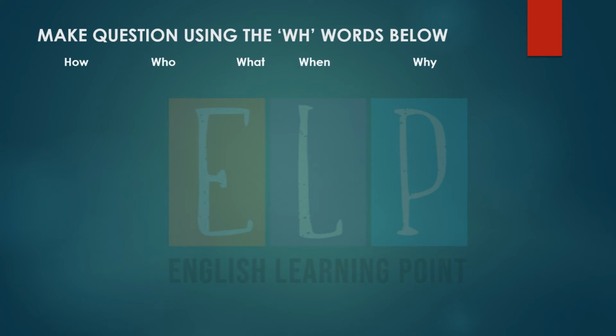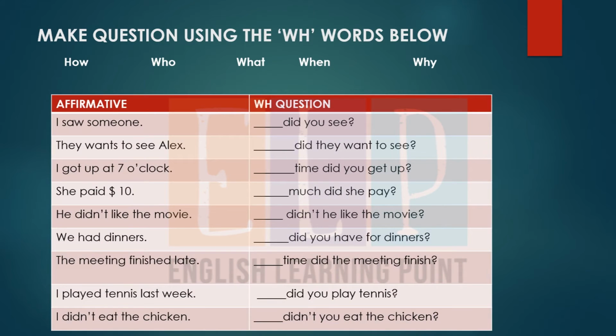So here we have a little quiz and we have a chart as well. Here we have our answers, here we have our affirmative sentences, and here we have the WH questions. First of all, we need to read the affirmative sentences, and after reading them we can find out our WH questions.